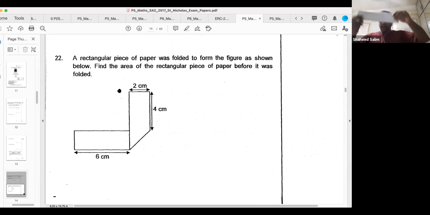If you don't have any, just take any paper and fold it up. Can you see the same shape now? Then you open it up and see, oh, it's like this, like that.